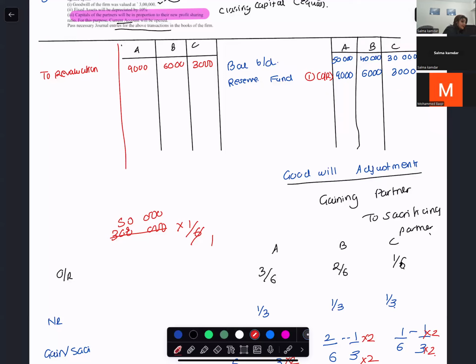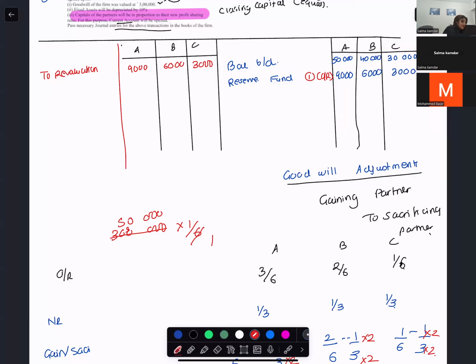What is this? Adjusted capital. Adjusted opening capital or closing capital? Closing capital. Adjusted closing capital. And they are telling us that this capital has to be in which ratio? In the new ratio. What is the new ratio? 1:1:1.